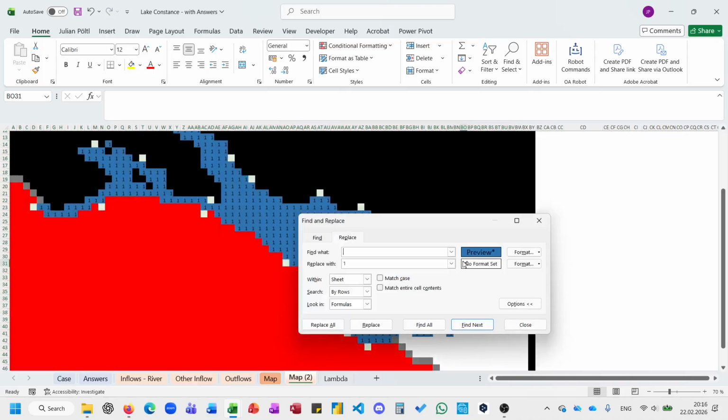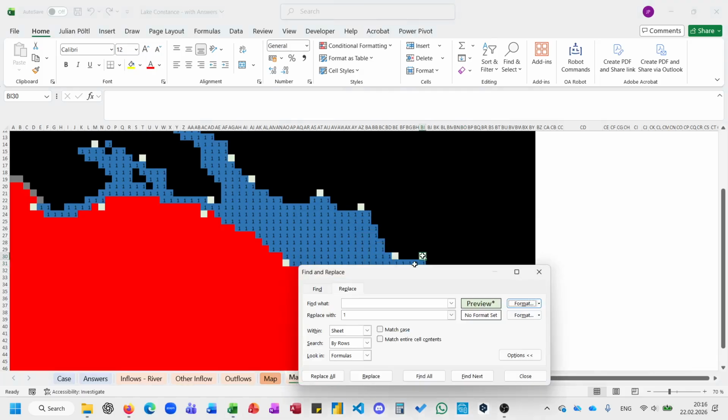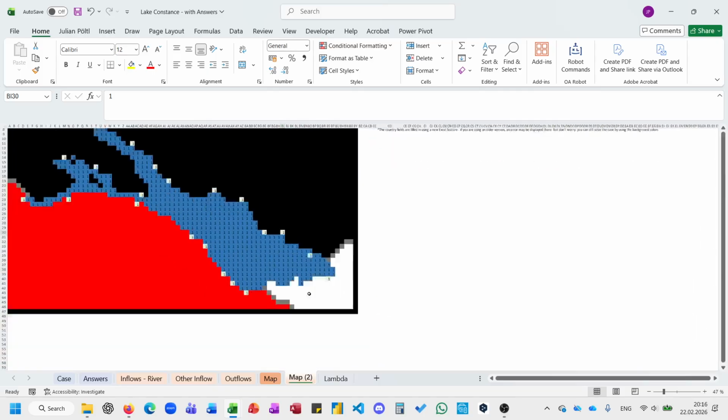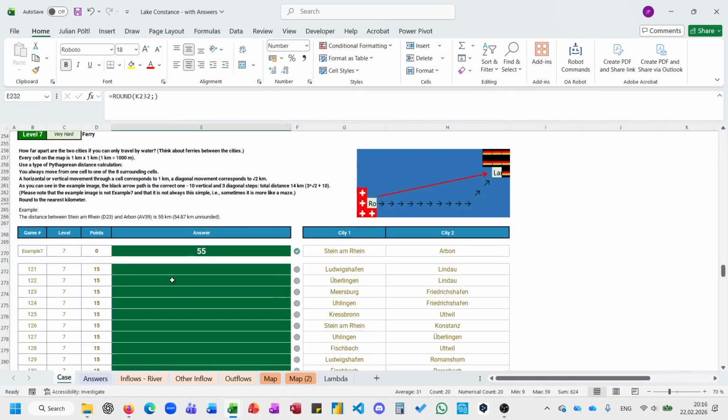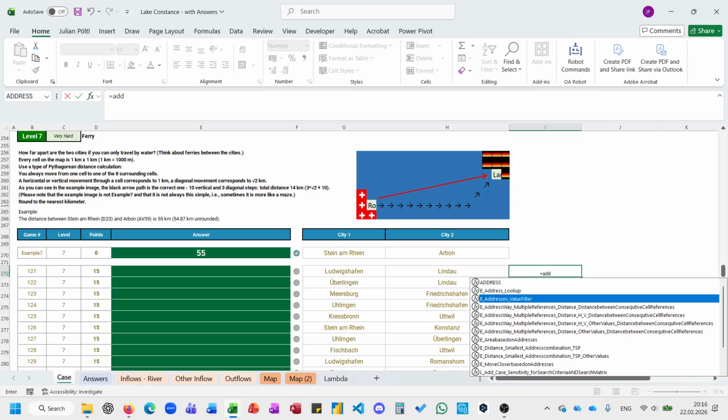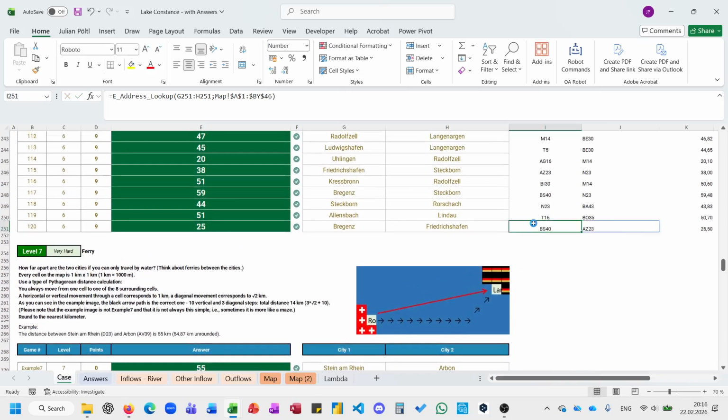And I use this here. I also have to swap out the cities against one I know, 552 kilometers, that is what I know. And then address lookup. I can also copy from above.